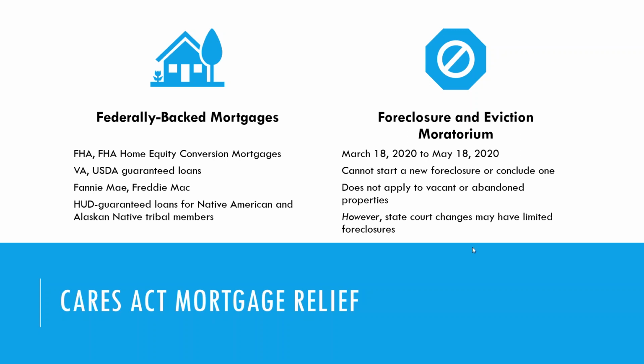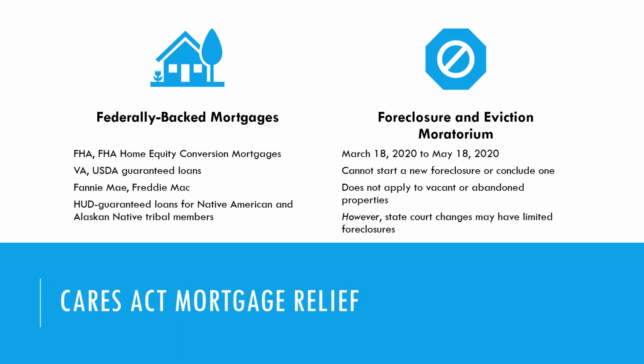Renters also cannot be evicted if the owner participates in a federal mortgage or rental assistance program, and the owner of a property can't charge fees, penalties, or other charges related to the person not paying rent. That runs from March 27th to September 27th. That's a really long time. During that time period, landlords won't be getting rental income, or at least renters are protected during that time frame.